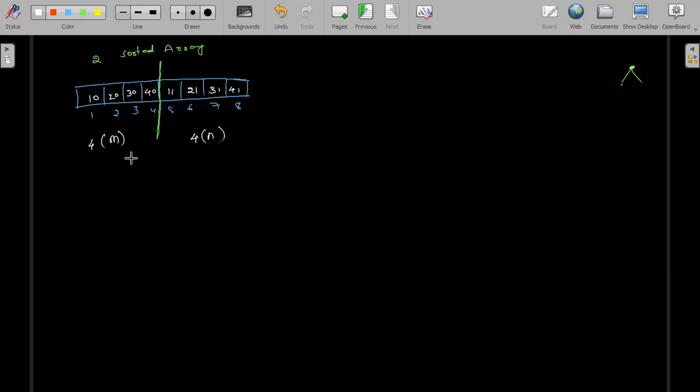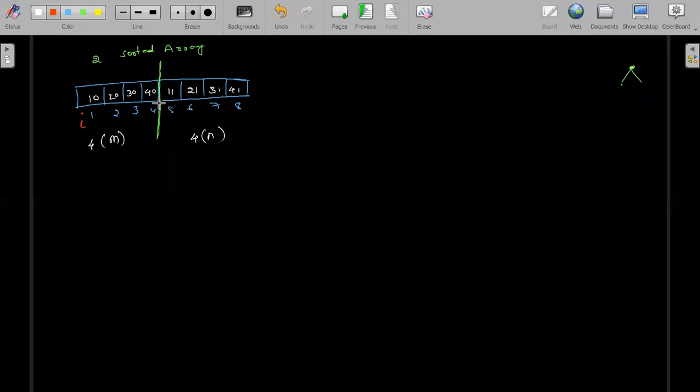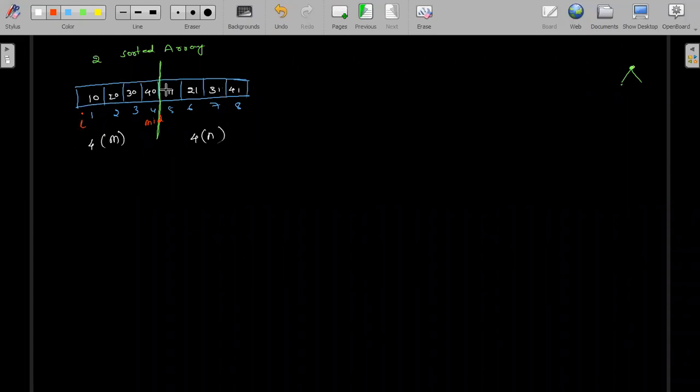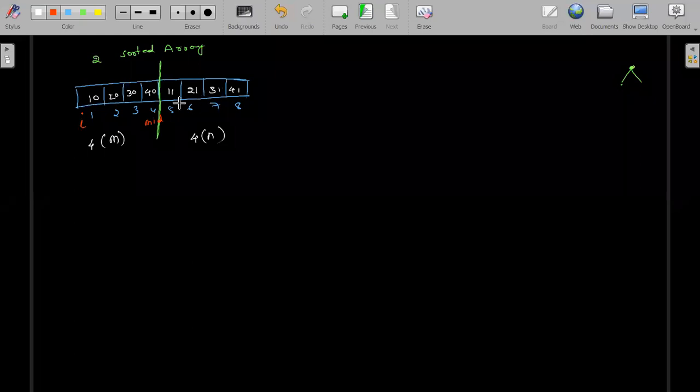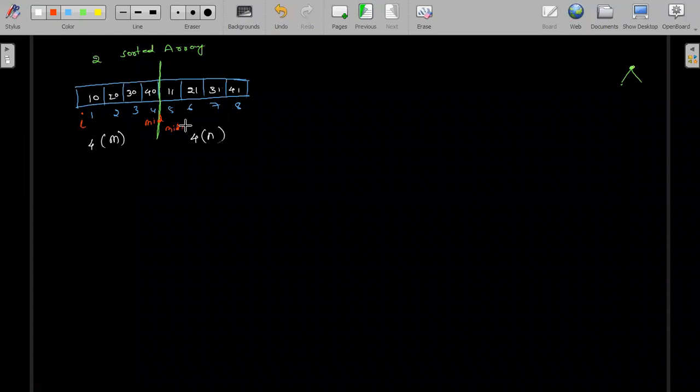Correct? Now I am going to consider the index value for this one as i here. Again this one I am going to consider as mid here. From this side, this is one array, and this is one more array. From this side I will say mid plus 1, up to here n.